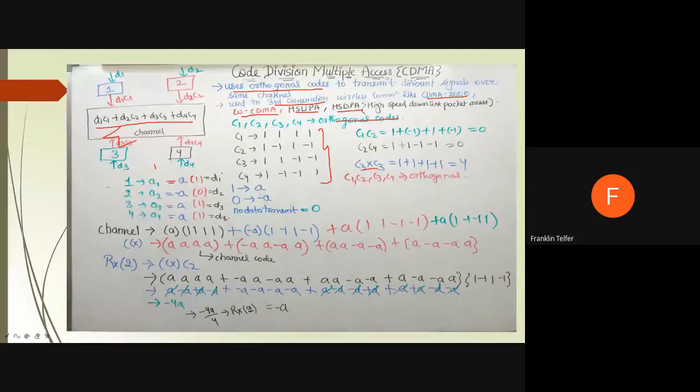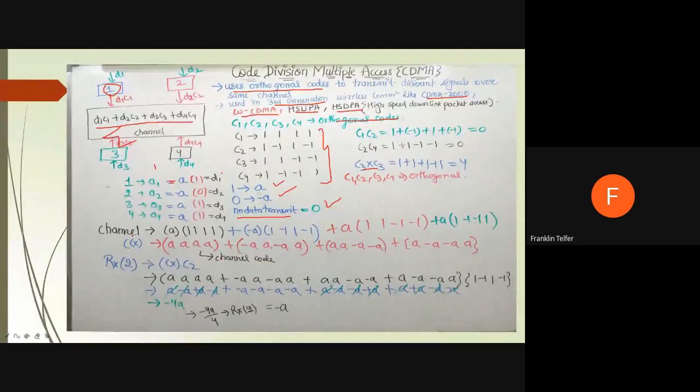For example, let us take 1 as A, and 0 as minus A. If no data is transmitted, it is 0. So if you take D, that is the first user, if it doesn't transmit, it is 0. If it transmits, positive A is 1, negative A is 0.